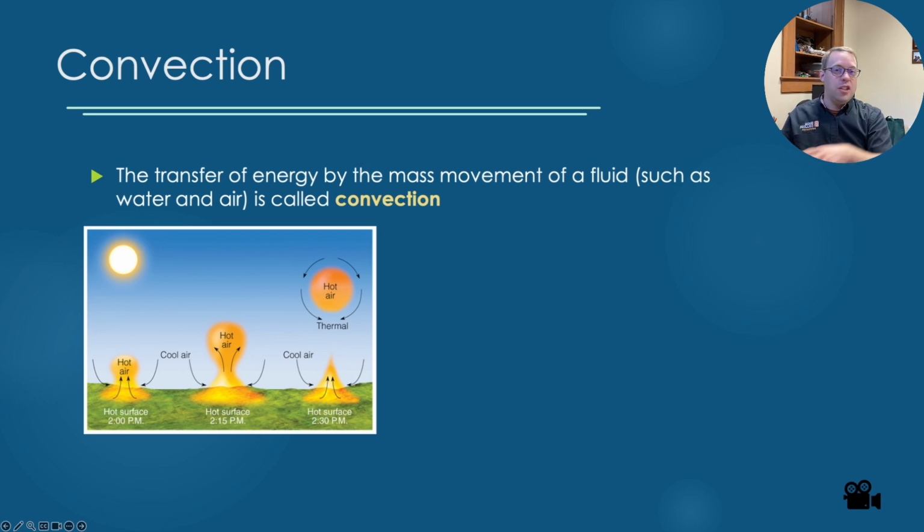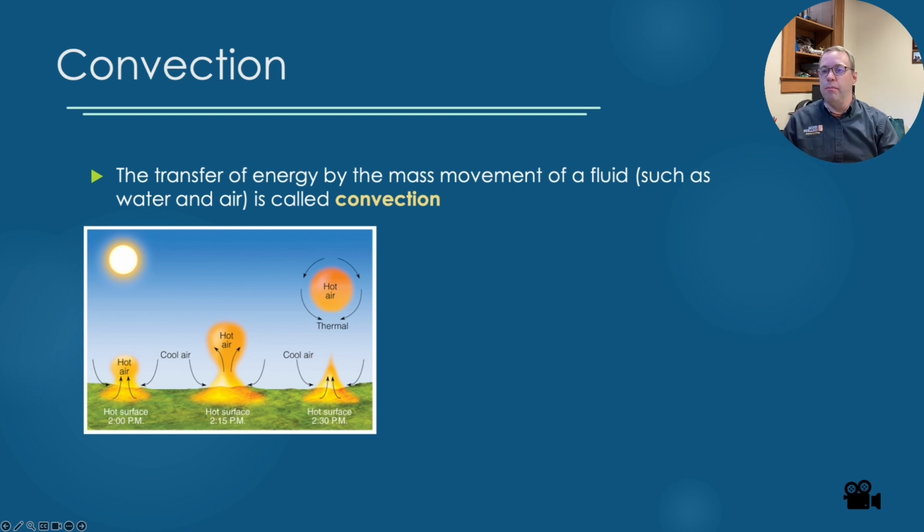So the energy just flows with the material that has that energy. In a meteorological sense, an example of this would be a warm air mass that moves from the western United States into the eastern United States. Or a cold front. You have convection, cold air moving from point A to point B.